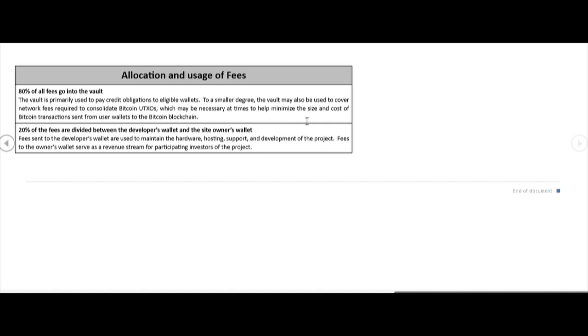To a smaller degree, the vault may also be used to cover network fees required to consolidate Bitcoin UTXOs. There's another video I dropped somewhere that explains these UTXOs and how they can be damaging to the system if they are very small.